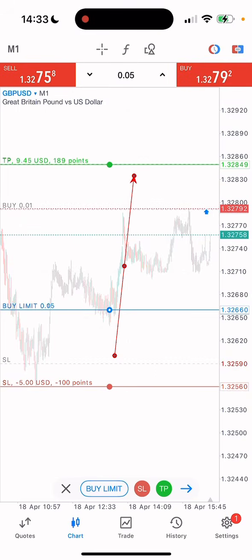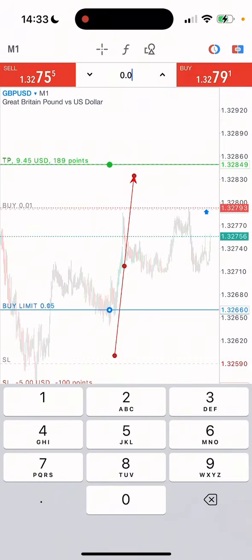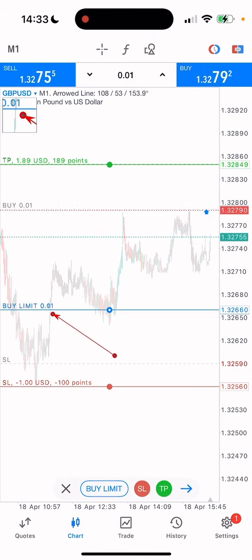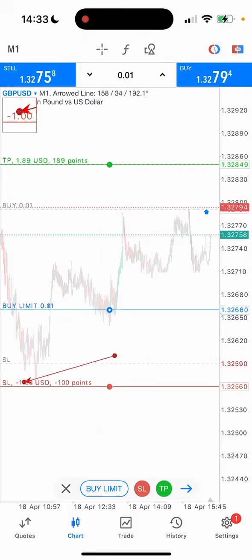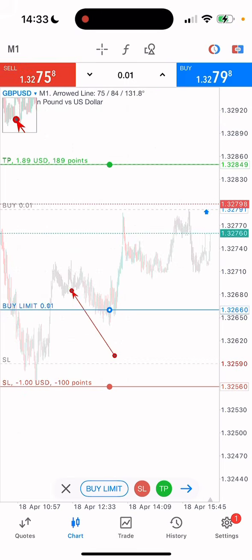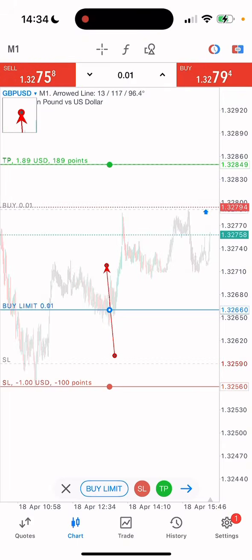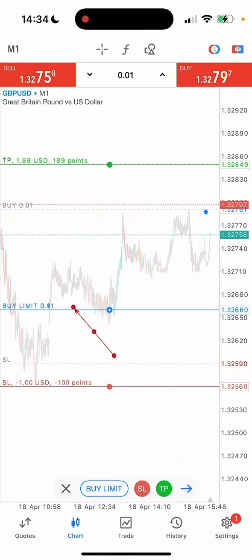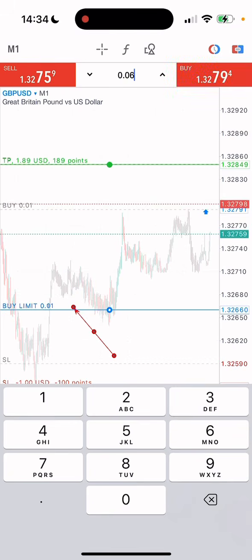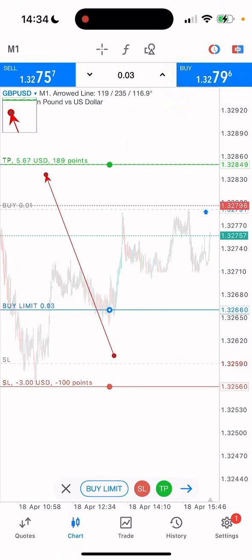If you risk $1 for this 0.01, it means you can open 2 more 0.01s, and that would risk $3 for you comfortably, and you'll be able to make, how much are you making with 0.03? You'll be able to make 5.67.